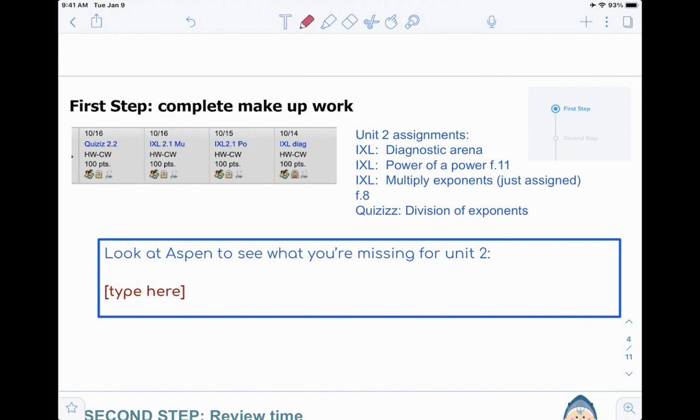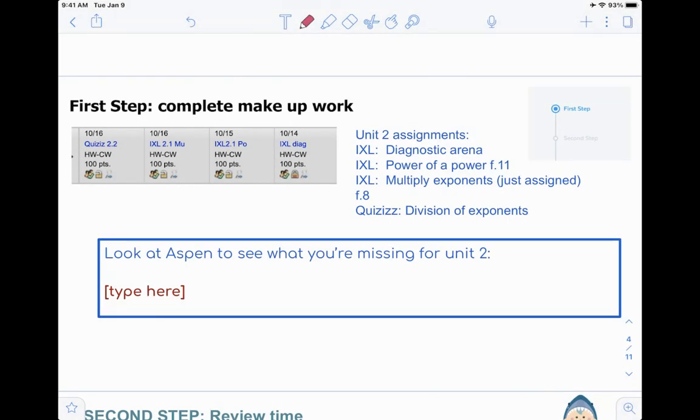So there are 4 assignments in Unit 2. 3 of them are on IXL, the diagnostic arena, the power of a power, which is F11, and then multiplying exponents, which is what I just assigned, and that's F8. And there's one homework on quizzes, and it is division of exponents.